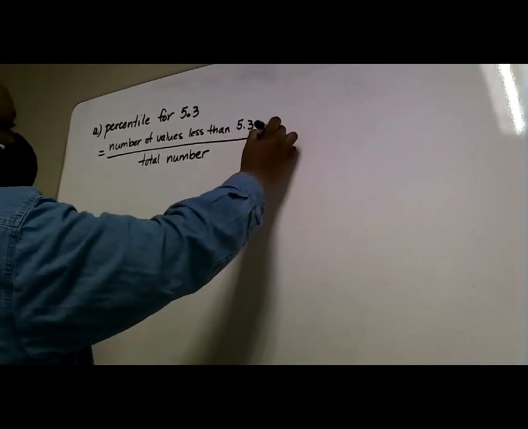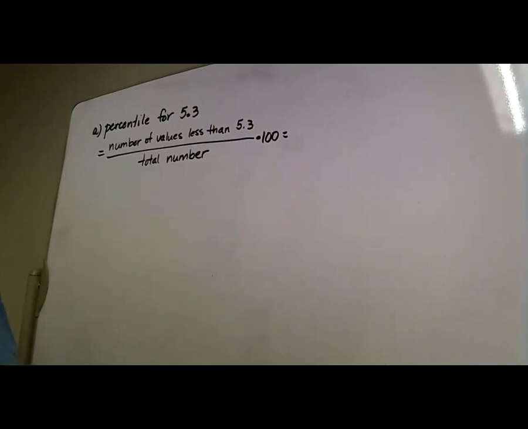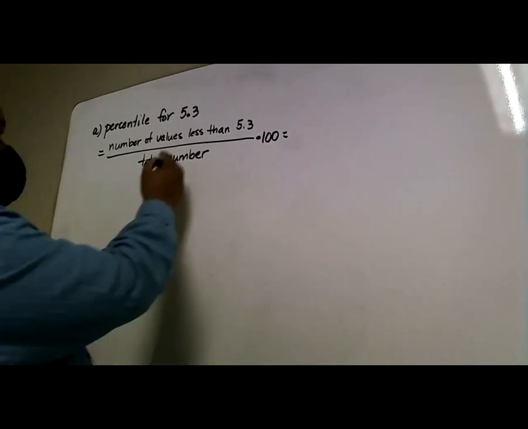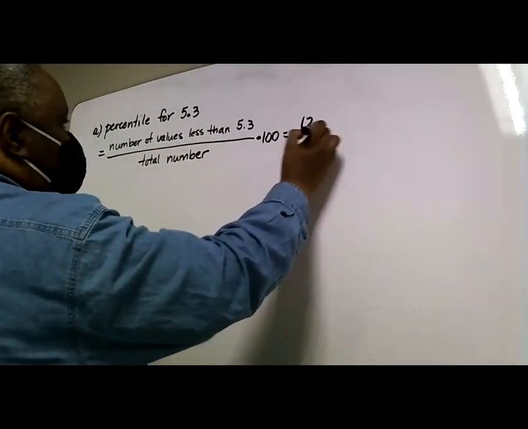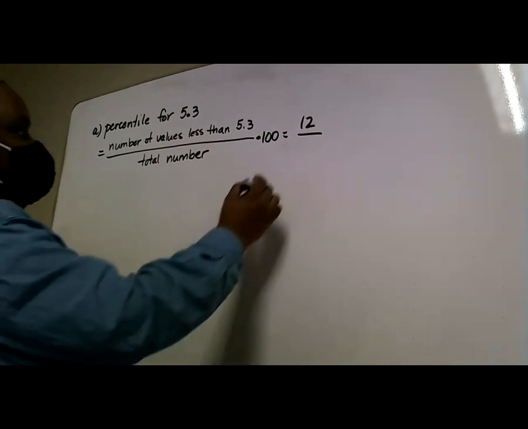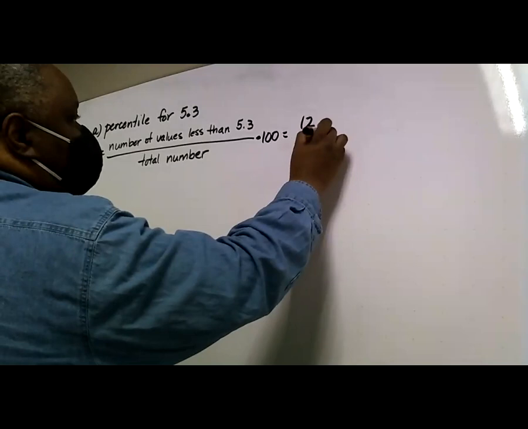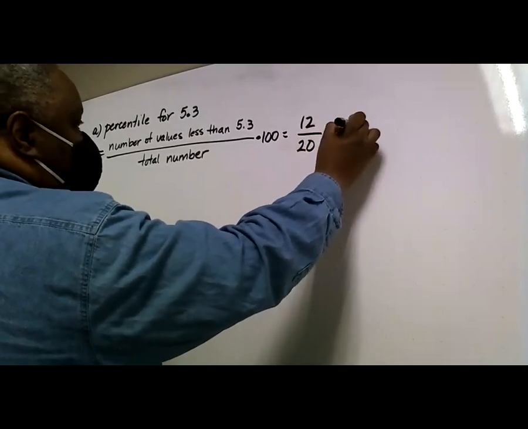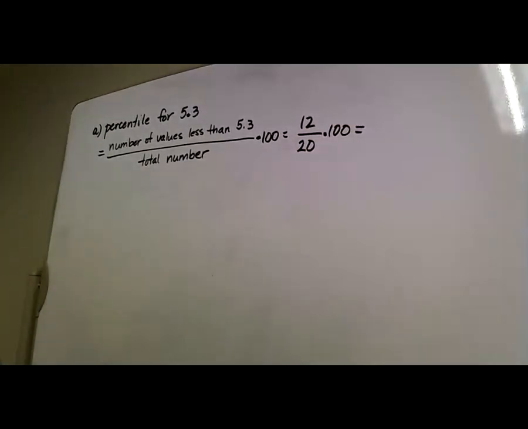Don't want to forget that. We just said there were 12 data values less than 5.3, so that's 12 divided by the total number of data values, which was 20, multiplied by 100. If I do 12 divided by 20 times 100, what would I get? It'd be 60.